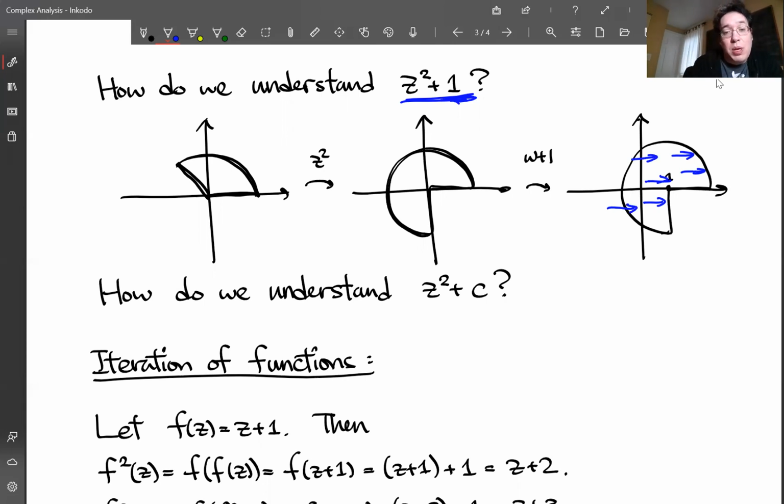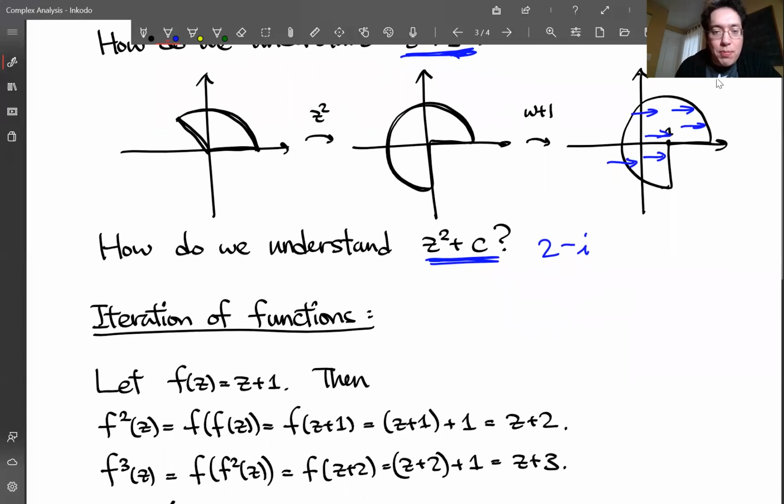Okay, so now if you want to understand what z squared plus c is doing, it's z squared plus a shift in the complex number c direction, right? So if I'm adding c, which is 2 minus i, that would be shifting to the right 2 units and shifting down by 1 unit after you do the square transformation. Okay. All right.